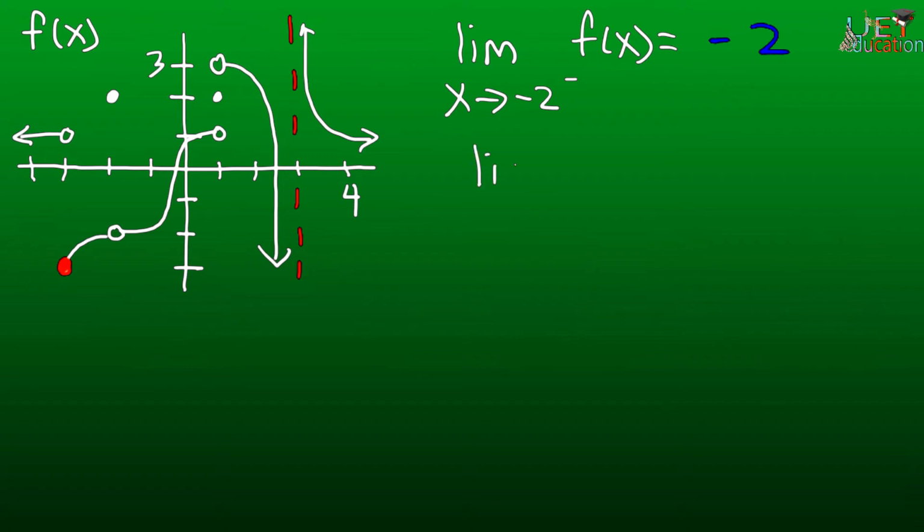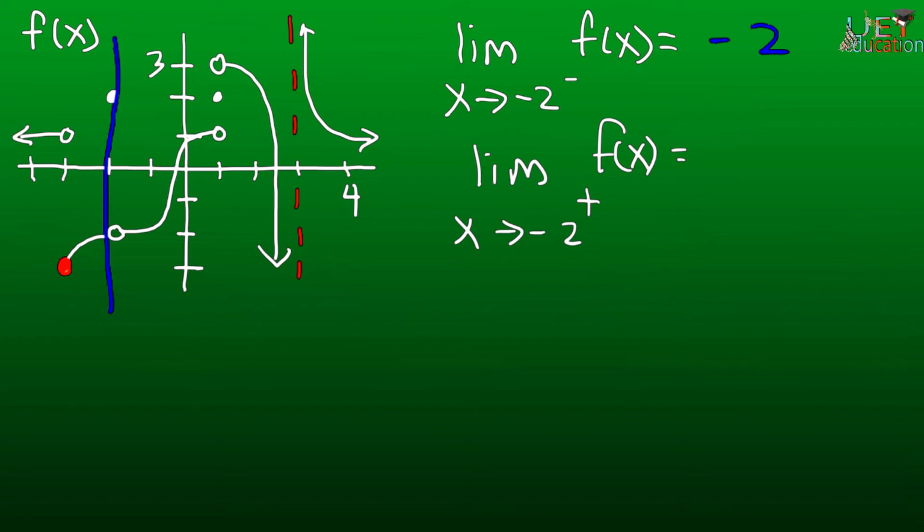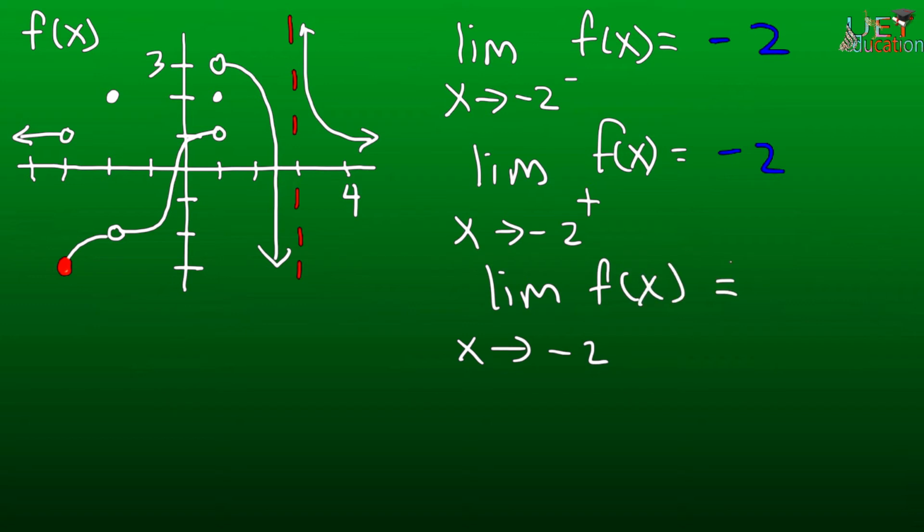So what is the limit as x approaches negative 2 from the right side? This time, we want to approach the vertical line from the right, and it points to the same value, negative 2. So therefore, the limit as x approaches negative 2 from either side does exist, because these two match. So it's going to be negative 2.